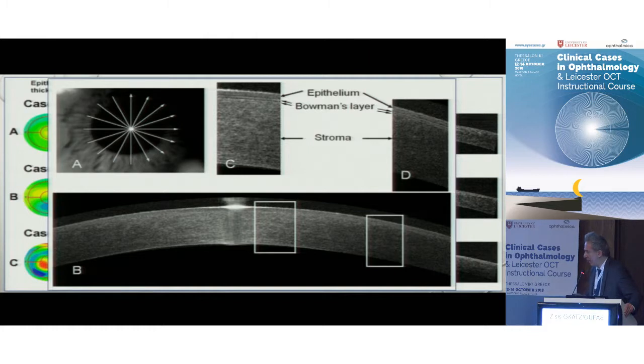They have an axial resolution of up to 1 or 2 microns, and we perform epithelial mapping because, as we have discovered in the last 5 years, epithelial mapping is a very valid method for diagnosing form fruste conus, early keratoconus. Why?